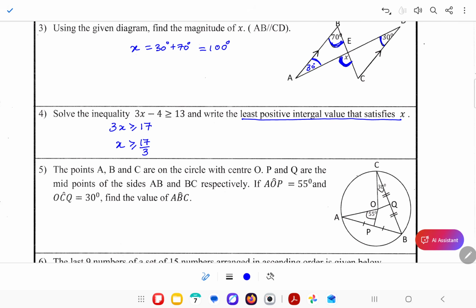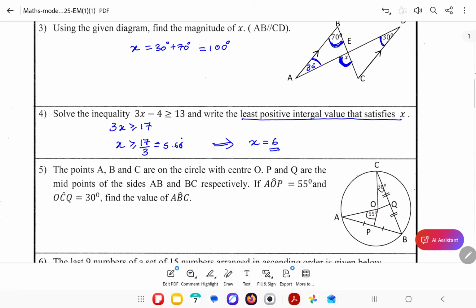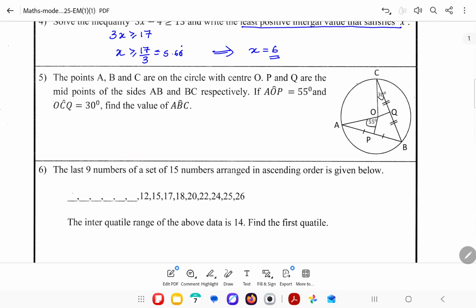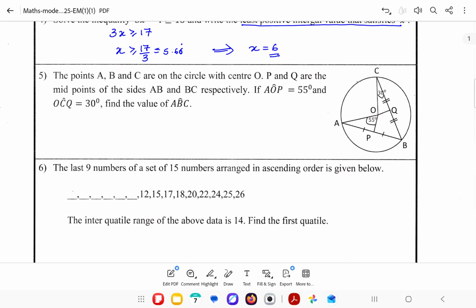So that means x is greater than or equal to 5.66, right? Therefore the smallest positive integer is 6. That is the answer.